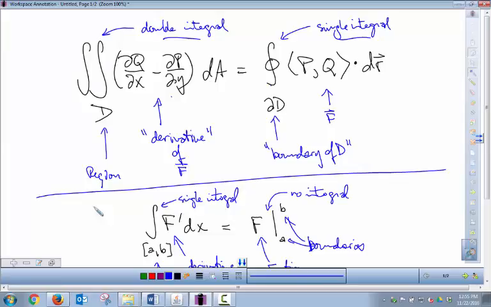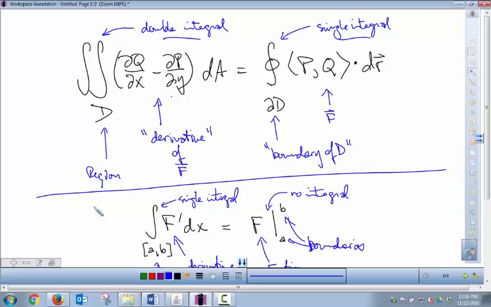We're going to see two more big theorems like this. They have special names because they're used a lot in physics and engineering. But if we really break it down, it's just the fundamental theorem of calculus. All right, let's move on.